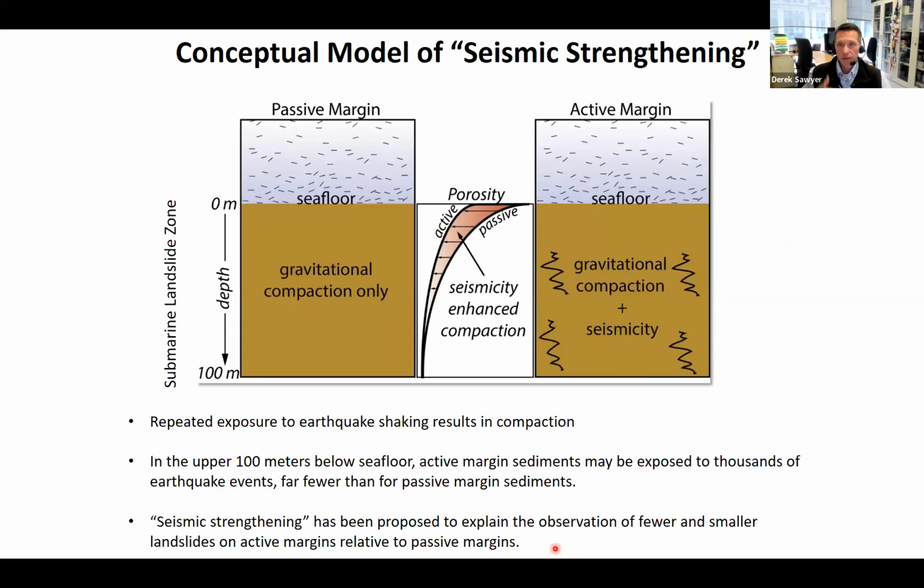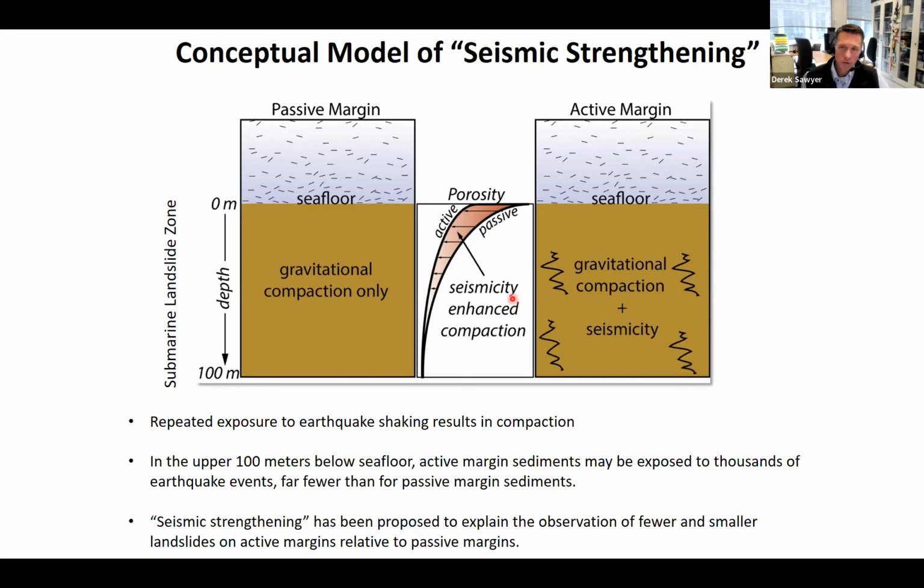The general idea is quite simple. It just suggests that if you take the same sediment and put it offshore North Carolina, a passive margin, and let it consolidate normally, then take that exact same situation and put it offshore Oregon, an active margin, the only difference is that one is exposed to seismic waves over time, through the first 100,000 years or so of its burial history.